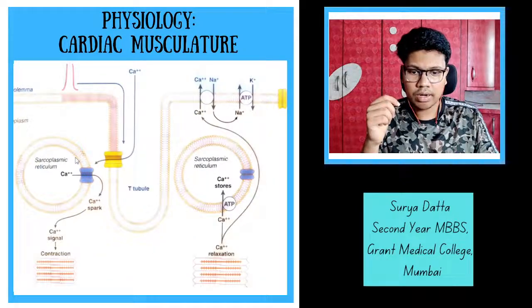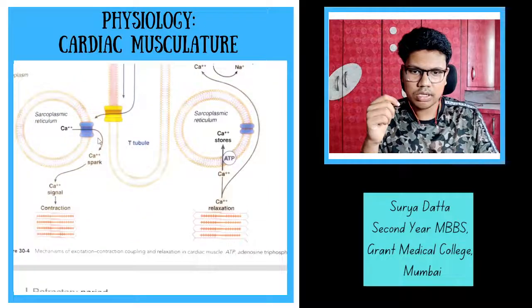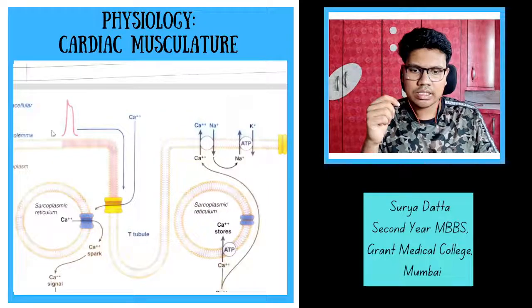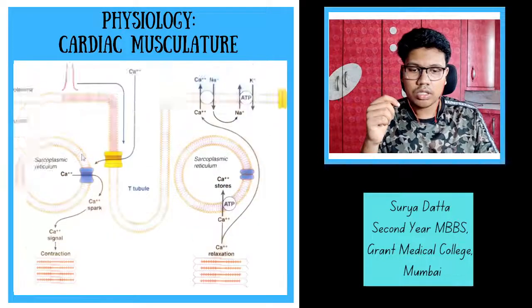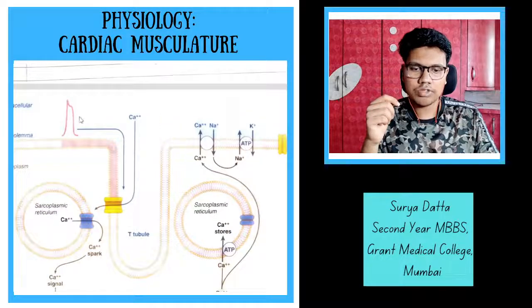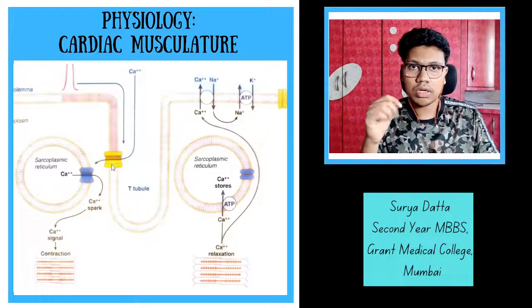I'll show you a diagram to make it a little bit easier. This is the sarcoplasmic reticulum. This is the cytoplasm of the muscle, right? And this is just an action potential that has been triggered, right? So now the action potential got triggered. It goes through the calcium channel, basic stuff. Now, if the calcium channel got activated, calcium floods into the cytoplasm.